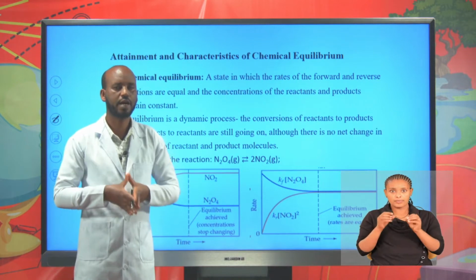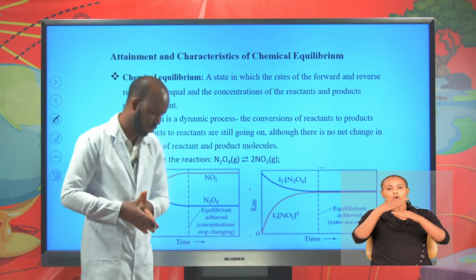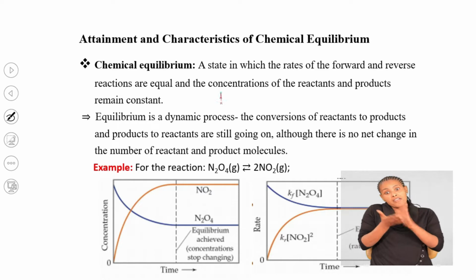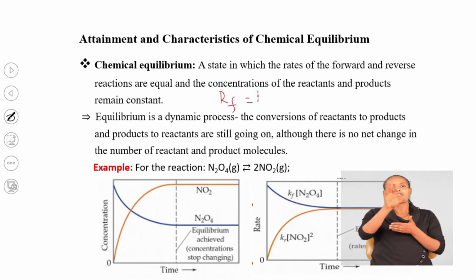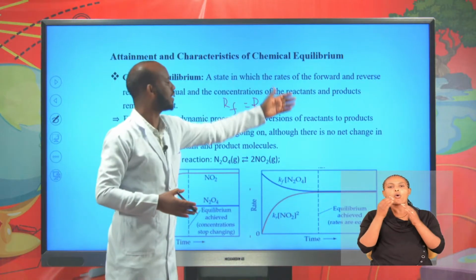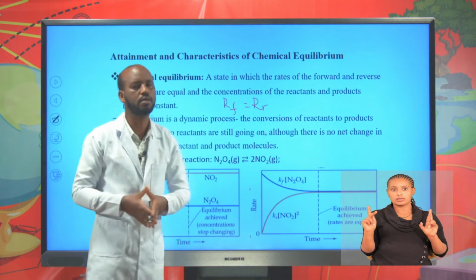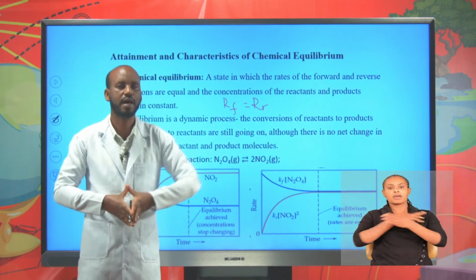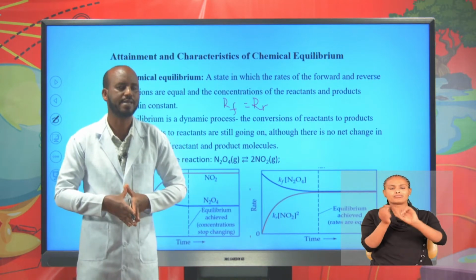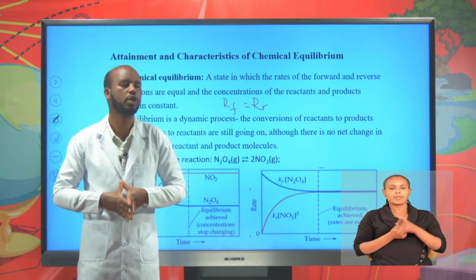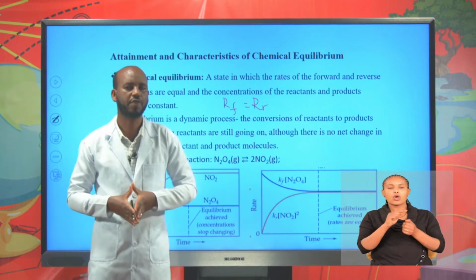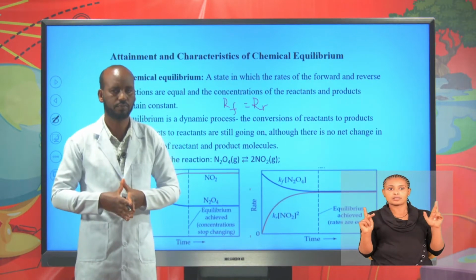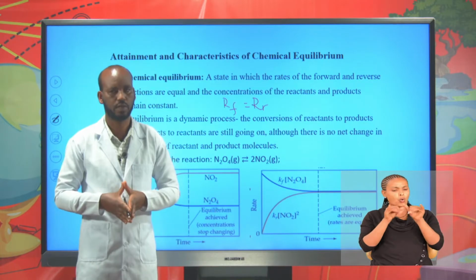Students, a reaction is said to be at equilibrium if and only if the forward rate equals the reverse rate. The concentrations of the reactants and products remain constant. There is no apparent change in the concentration of reactants and products.